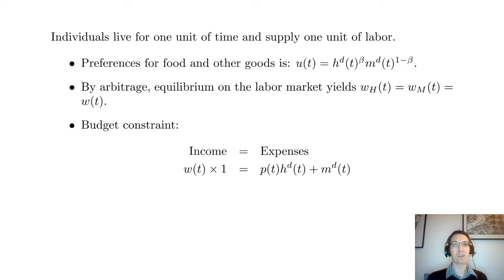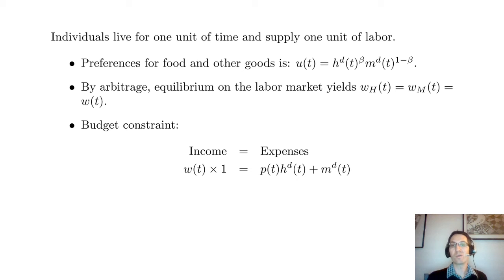Okay, so the first important thing that's going on is arbitrage on the labor market. What do I mean? I mean that all wages are going to be the same. Simply put, workers are free to choose whatever sector they want, and they don't have any special preference. All they care about is how much money they can earn.